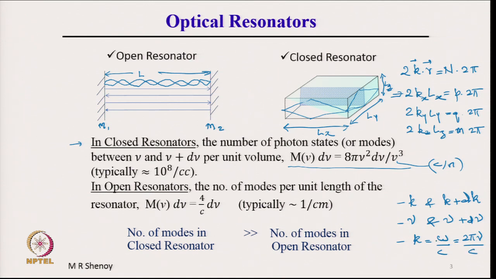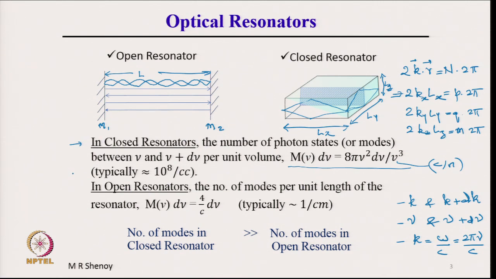If you work this out, we get that the density of states m nu d nu comes out to be 8 pi nu square d nu divided by v cube.